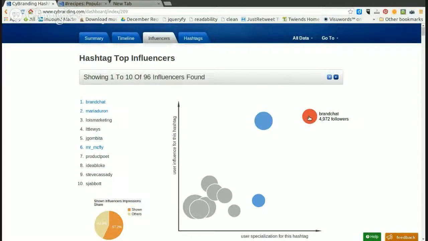So it is also the top influencer, even if it is not the influencer with the most followers, because as you can see, for example, this Maria Duron is bigger and has more followers. You can see from the size of the circle that she has more followers than Brand Chat. But Brand Chat will be, for example, more retweeted.